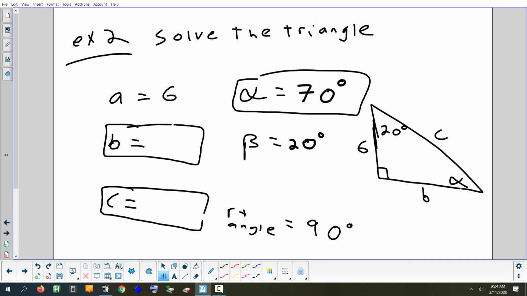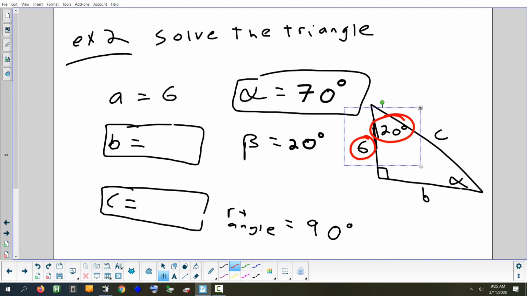All right, so we already found alpha, making sure all the angles add up to 180. Now, whether you find B or C next, it doesn't matter. What I like to do, and this is up to you, circle the two things that you're using to make sure you remember to use them.